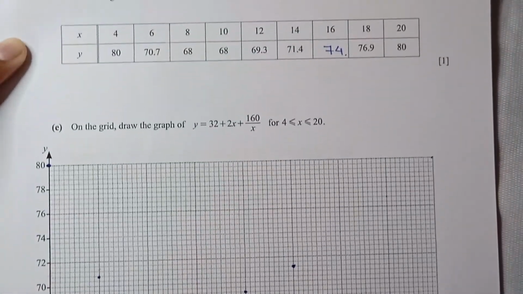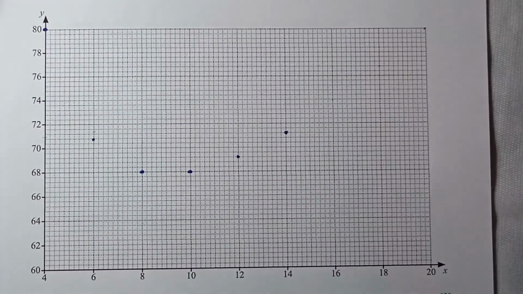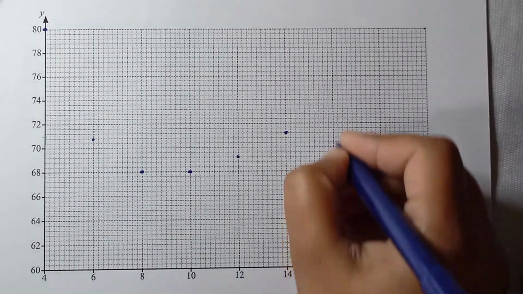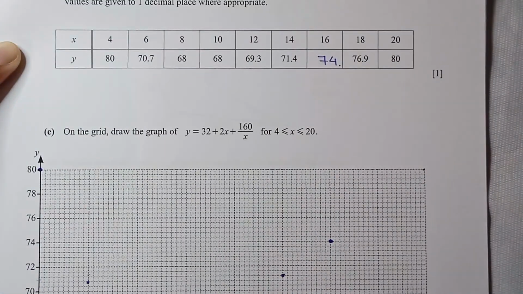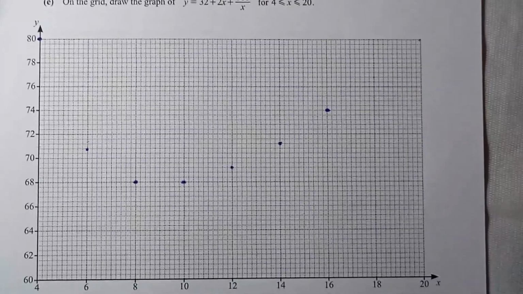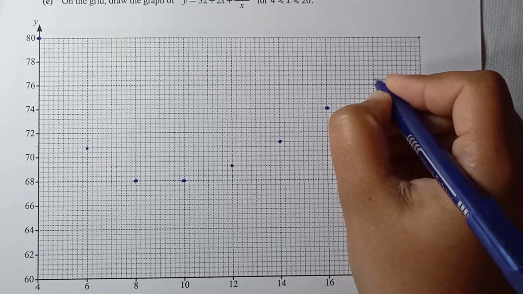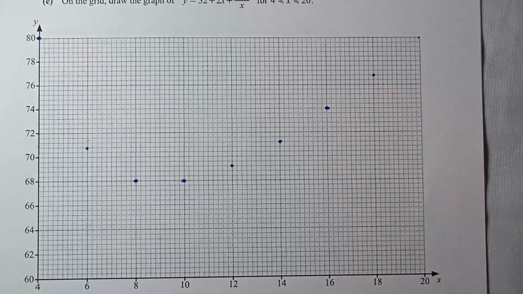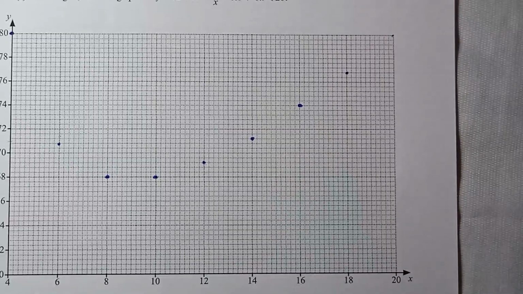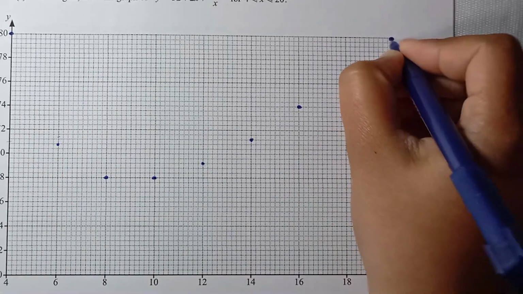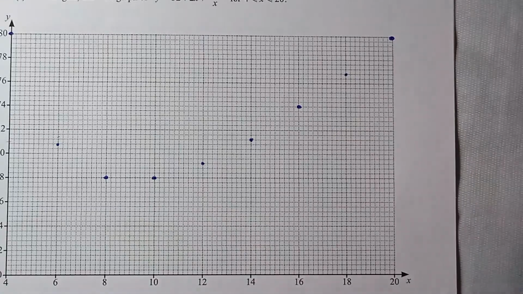And for 16, we have 74. So 16 and 74 is here. For 18 it is 76.9. So this is 76.9 before 77. Now for 20 it is 80, so that's easy. 20 and the top is 80. Yes. Now let me connect all these points to get a smooth curve.